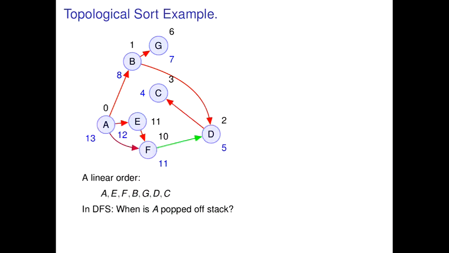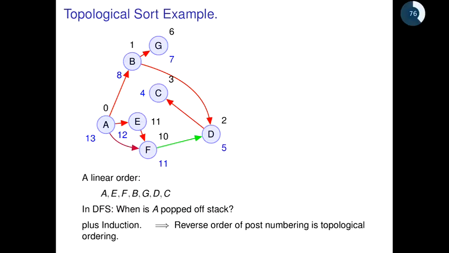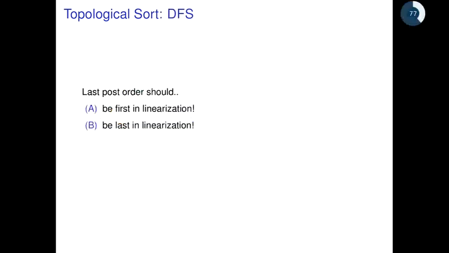Last plus induction implies that the reverse order of the post-order number is topological order. So that's essentially what we did. Again, I'm sorry to beat a dead horse, but what is A or B?